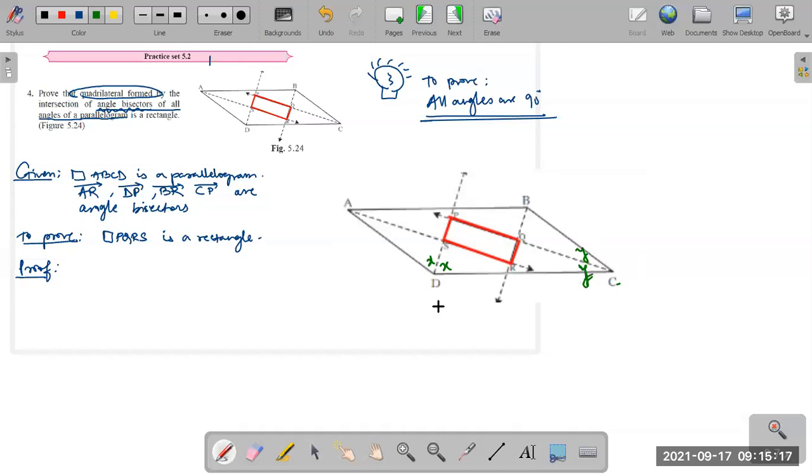Now, we are given that this is a parallelogram, and we know the property of a parallelogram: the sum of adjacent angles is 180 degrees. So angle D plus angle C should be 180 degrees. What is angle D?